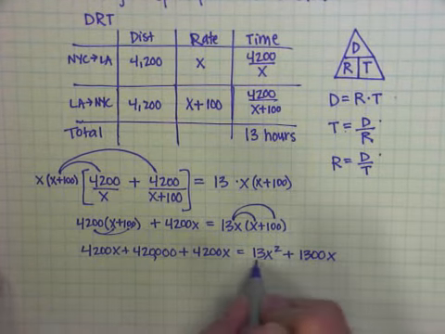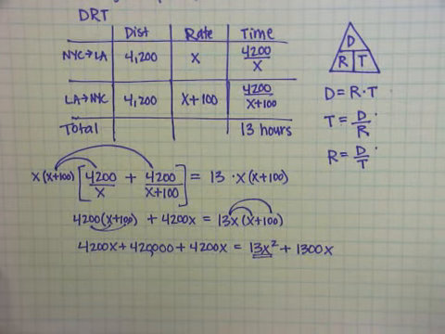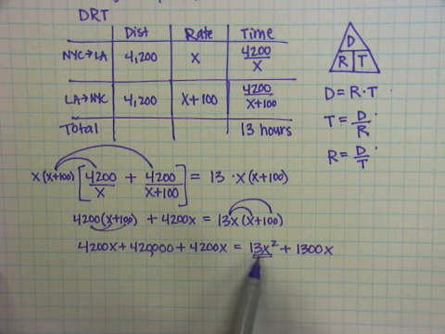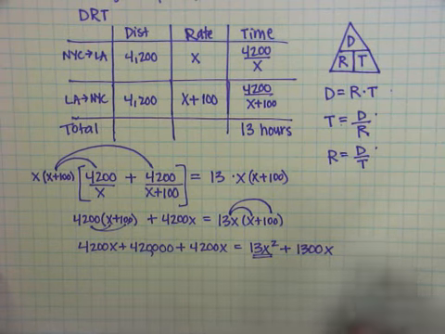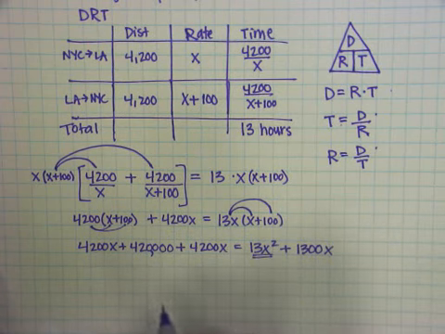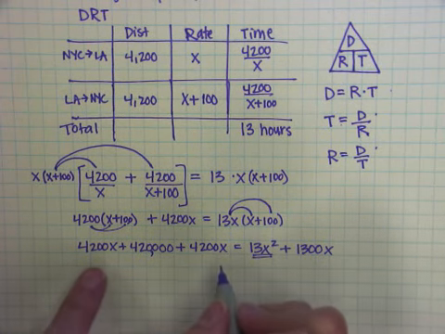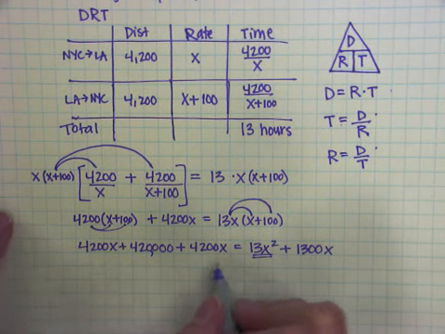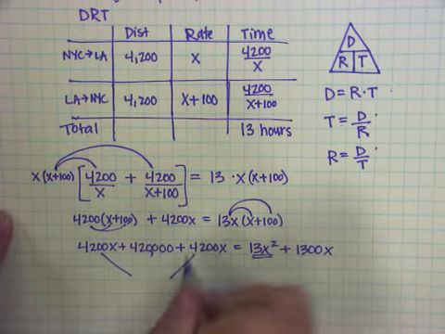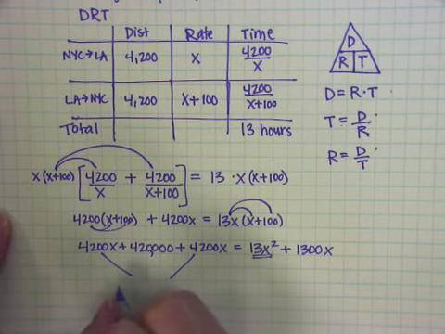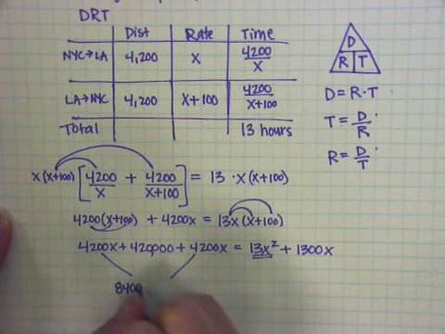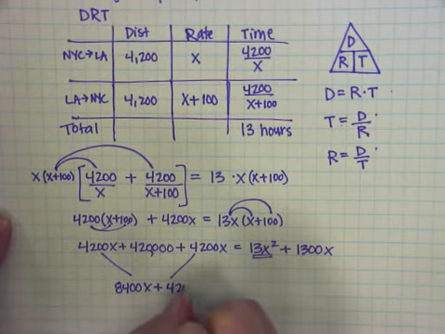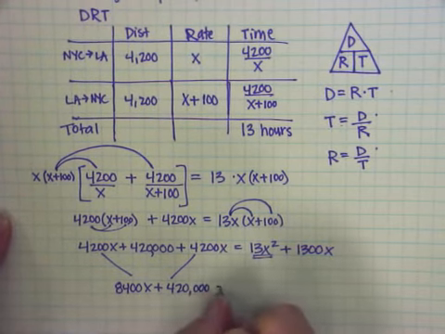Okay. I see that I have a quadratic, and so that tells me I need to get 0 on one side. Since it's a positive 13x squared, I'm going to move everything over to the right-hand side. So, I guess I can combine like terms here also. If I combine my like terms, the 4,200x and 4,200x give me 8,400x plus 420,000.